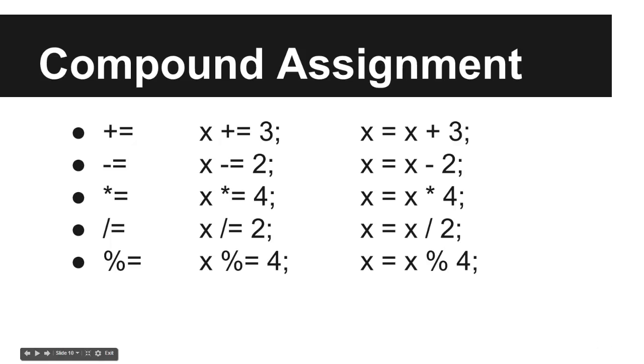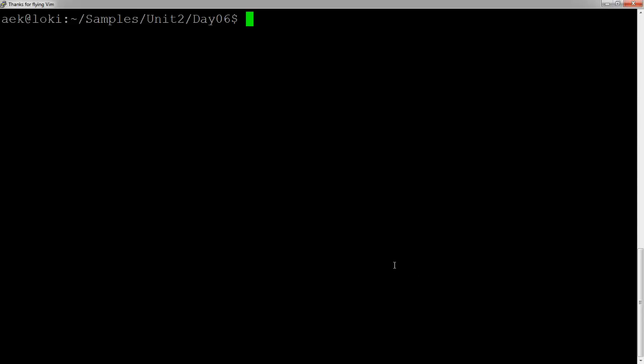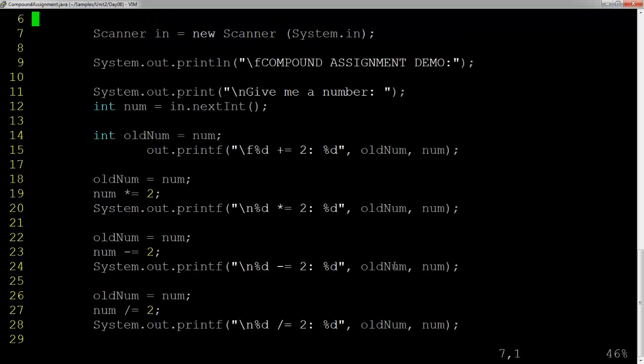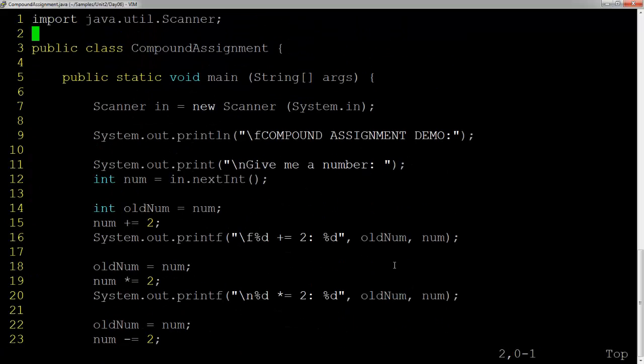Okay, so we're going to take a quick look at some code. There are some compound operators. We're going to ask for a number, and I've created two integers, old num and new num. Old num is just where we hold the original value of the number.